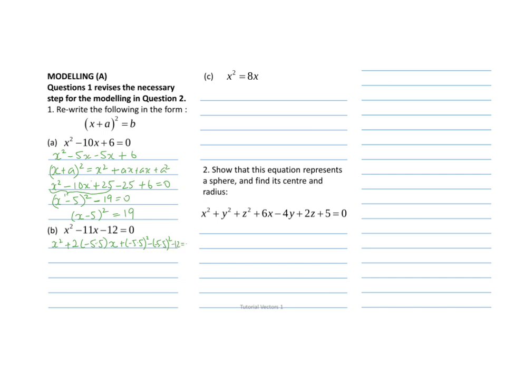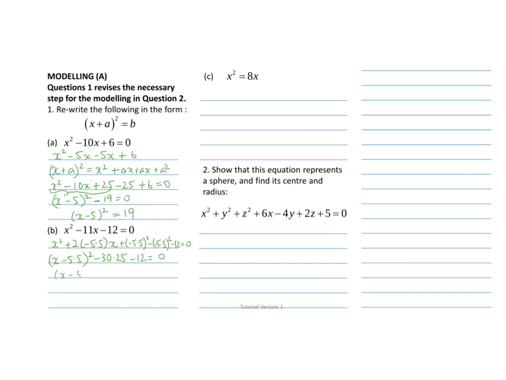Minus 12 is equal to 0. So we have (x − 5.5)², and 5.5 squared is 30.25. So minus 30.25 minus 12 is equal to 0.